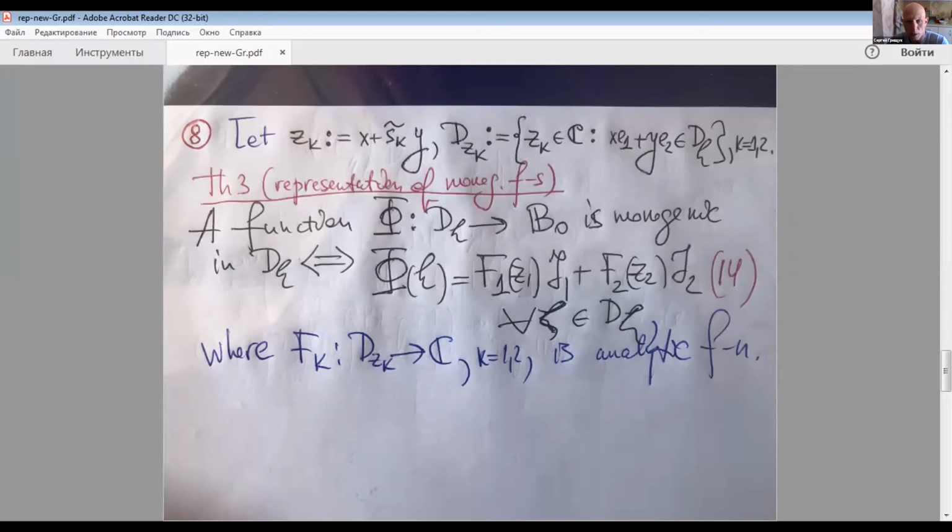Theorem 3 gives a representation of monogenic functions. Function f is monogenic in the domain D zeta if and only if it has a representation 14, where f1 and f2 are analytic functions of their complex variables defined on such domains D z_k.